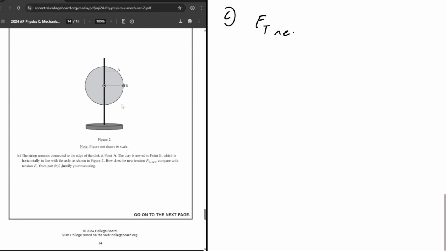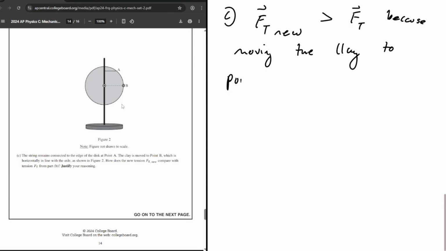So we're going to say force tension new is greater than force tension because moving the clay to point B increases the torque it produces.